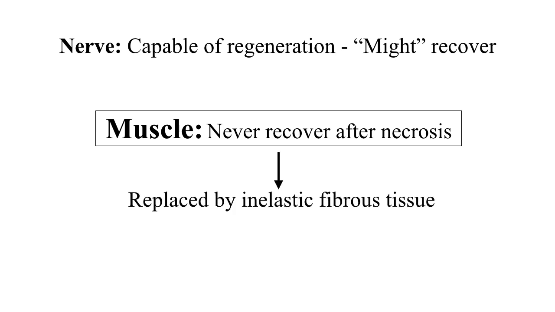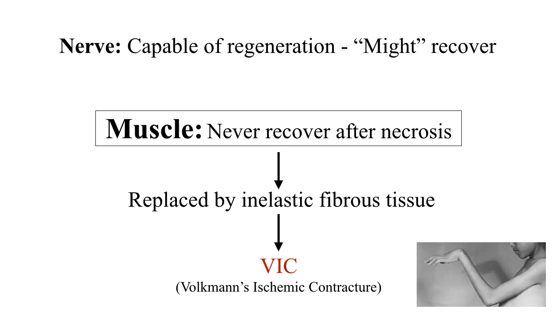This muscle is later replaced by an inelastic fibrous tissue, and this inelastic fibrous tissue replacement of the muscle results in the classical Volkmann's ischemic contracture. The picture given here shows the classical picture of a Volkmann's ischemic contracture of the forearm, which happens because of a neglected compartment syndrome.